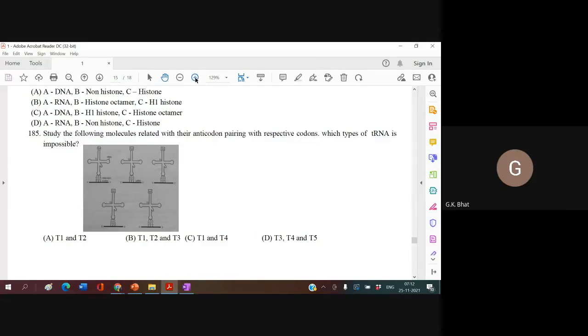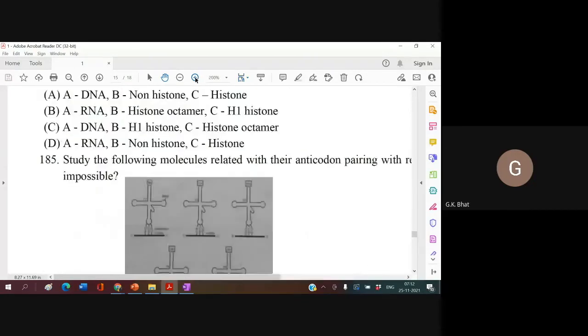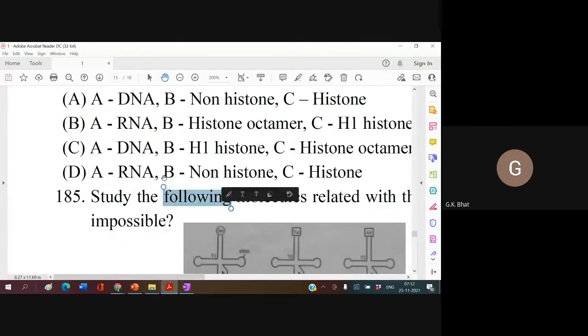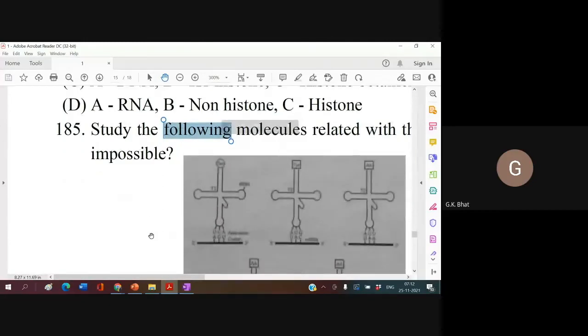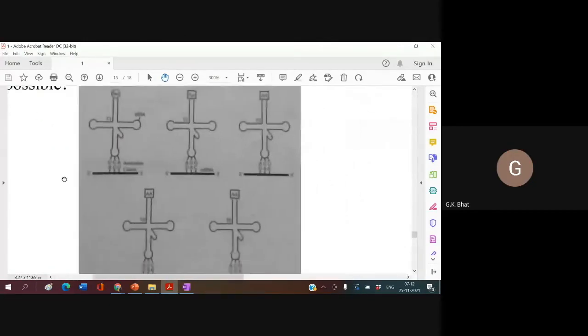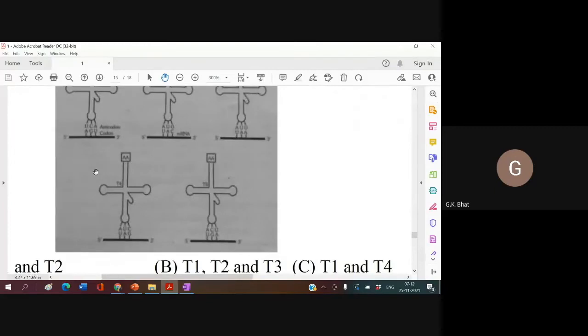Yes or no? Yes, sir. Tell me then, what is impossible? Look into the codon, anticodon, and decide.